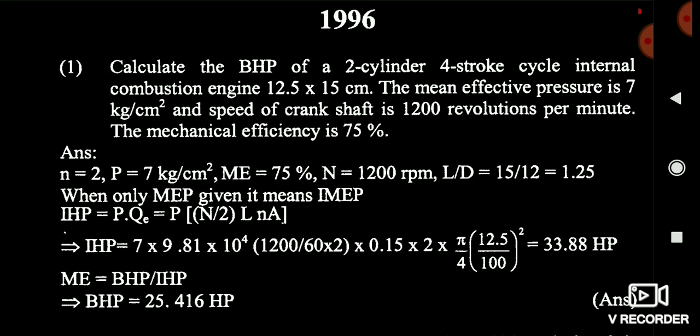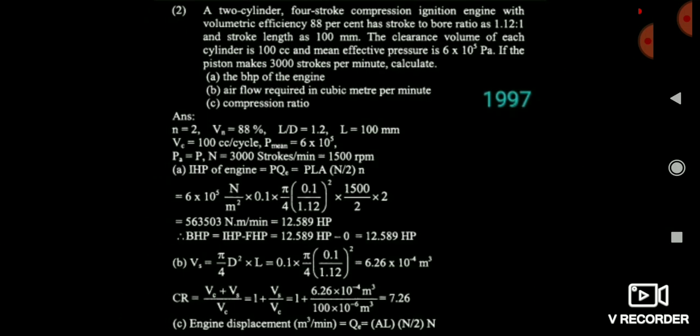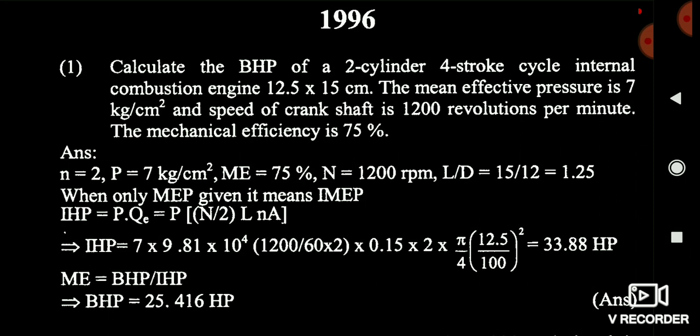I think all of you can apply the formula, p l a n, into small n by 2 for the 4-stroke case. You multiply it by mechanical efficiency so that you get the brake power, and at last you should divide it by 746, then you can get the value in HP.